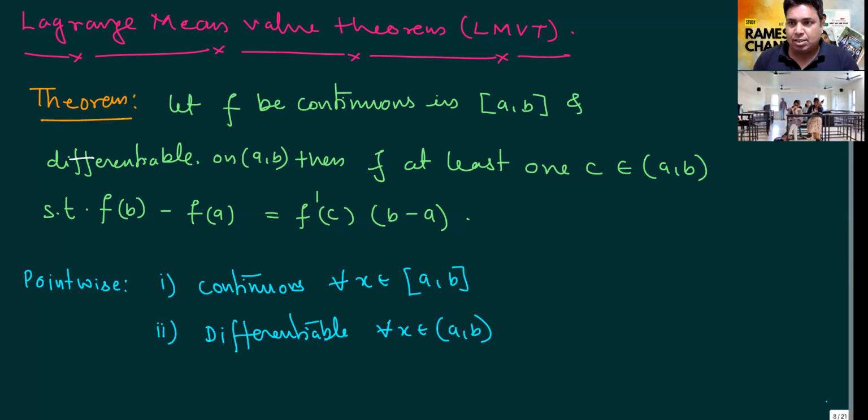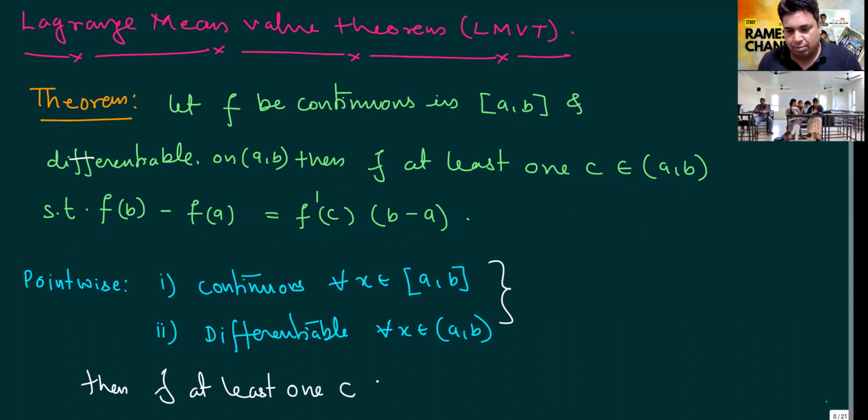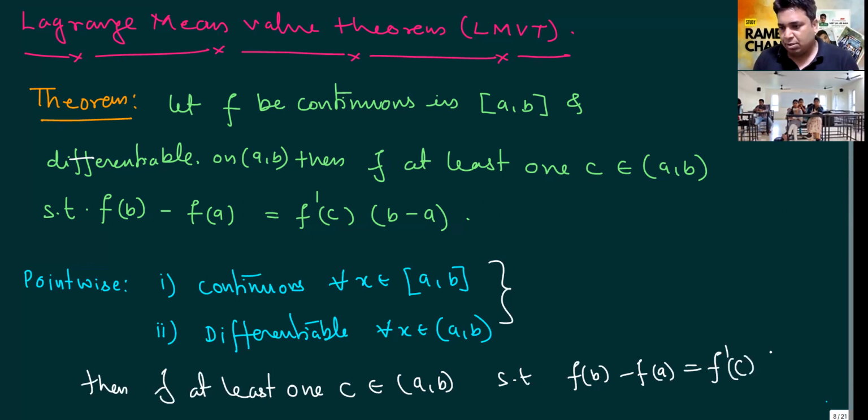If these two conditions are met, then Lagrange says that there exists at least one c belonging to the open interval a comma b such that f of b minus f of a is equal to f dash c times b minus a.